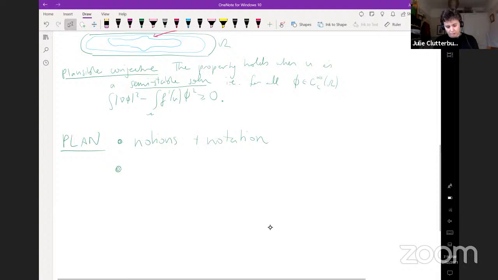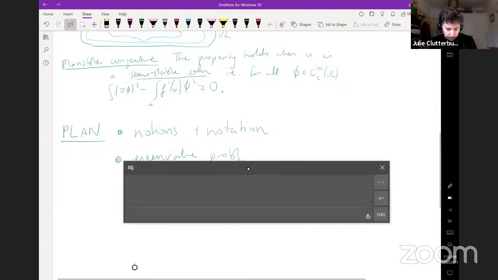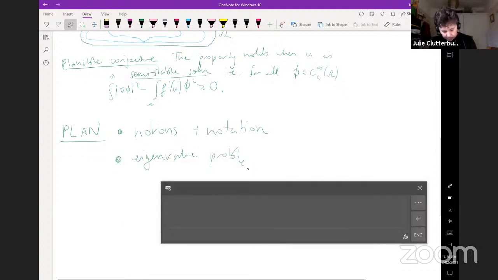Then I'm going to talk about the eigenvalue problem. This is kind of the simplest case.